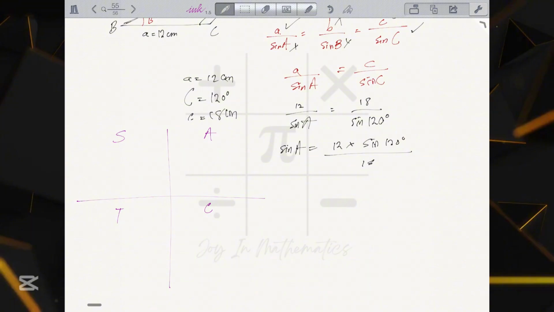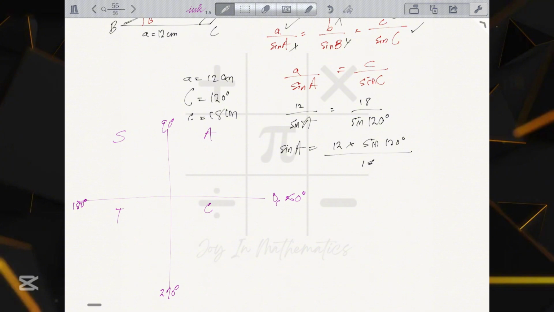In the first quadrant, the angle ranges from 0 to 90 degrees. The second quadrant is 90 degrees to 180 degrees. Third quadrant, 180 degrees to 270 degrees. And in the fourth quadrant, 270 degrees to 360 degrees.